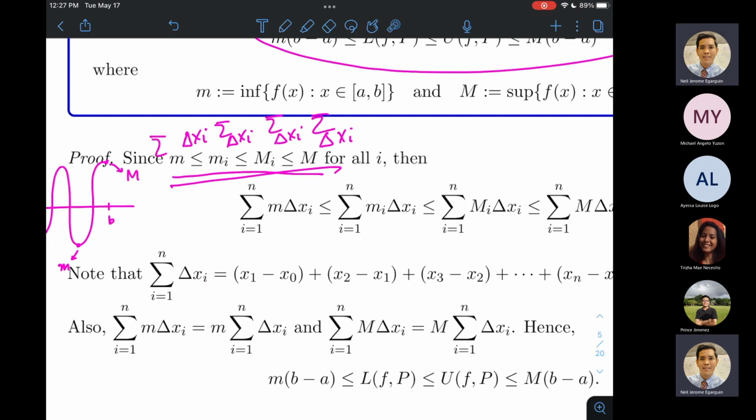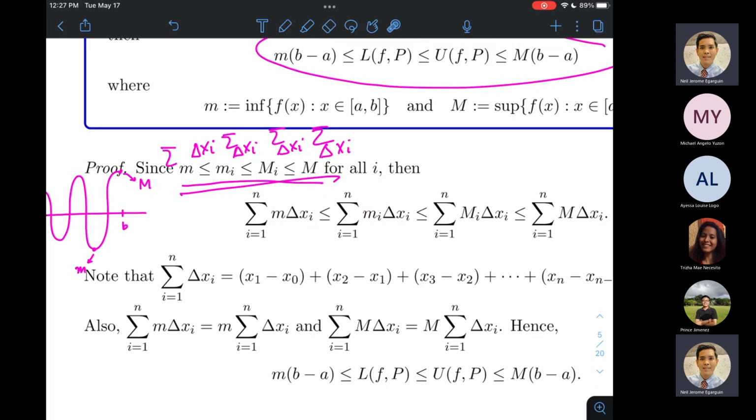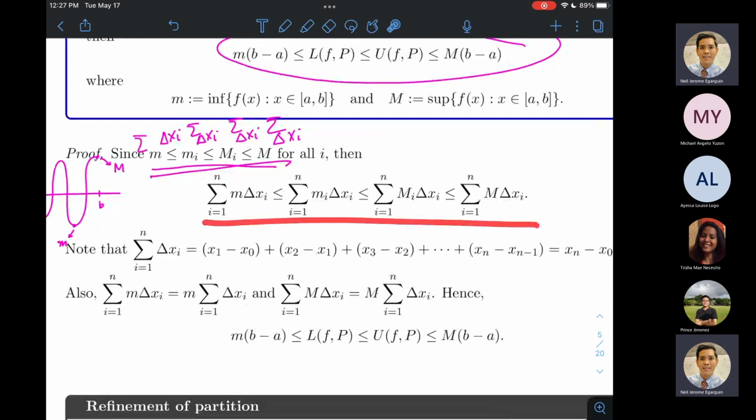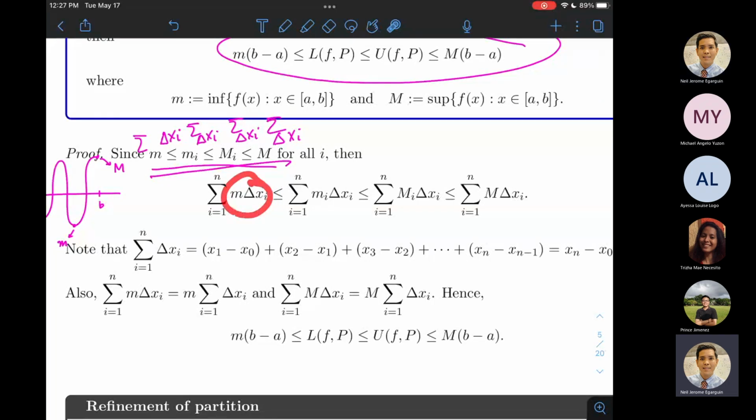Dahil bawat isang term na ganito sa summation satisfies this inequality, so therefore ma-inherit ng mga summations yung property ng bawat terms. Dahil yung term sa i equals 1 ay totoo ito. So kung ito ay yung m times delta x1 ay mas maliit sa m1 times delta x1 and so on, totoo siya sa bawat i. So pag kinuha mo yung summation, ma-preserve yung mga inequality.